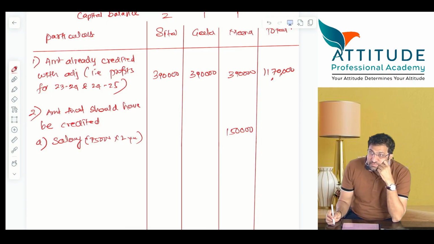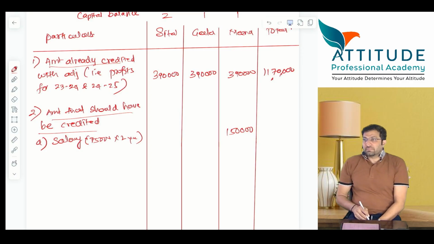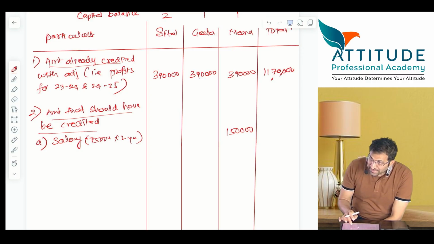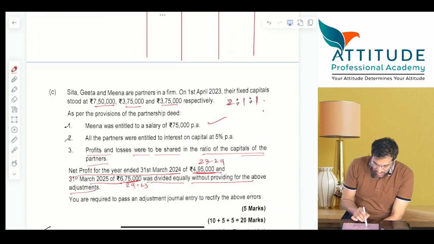The amount already credited, the amount that should have been credited: actual credit should have been 1,50,000. And who else should get it? Then all partners are entitled to interest on capital at 5%.